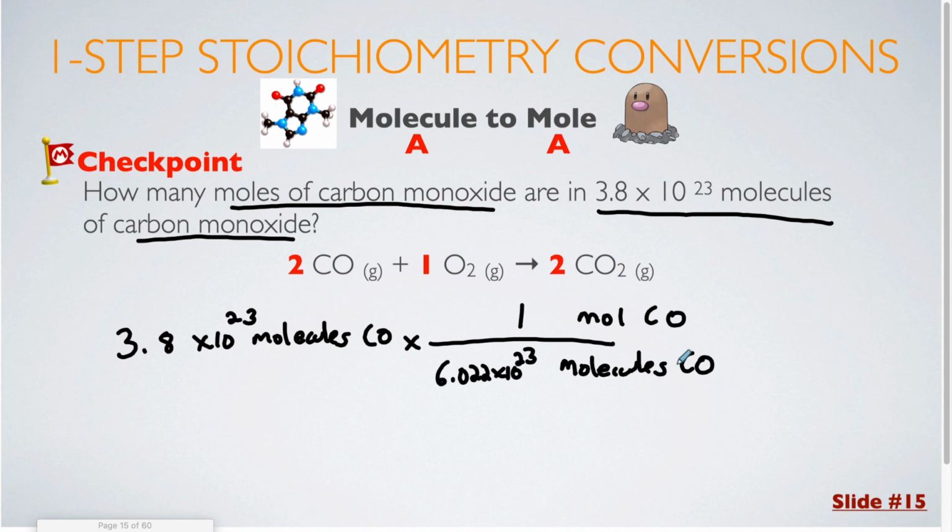All right, from here when we divide, we're going to be rounding for the two significant figures that we have right here. So that's going to come out to 0.63 moles of carbon monoxide.